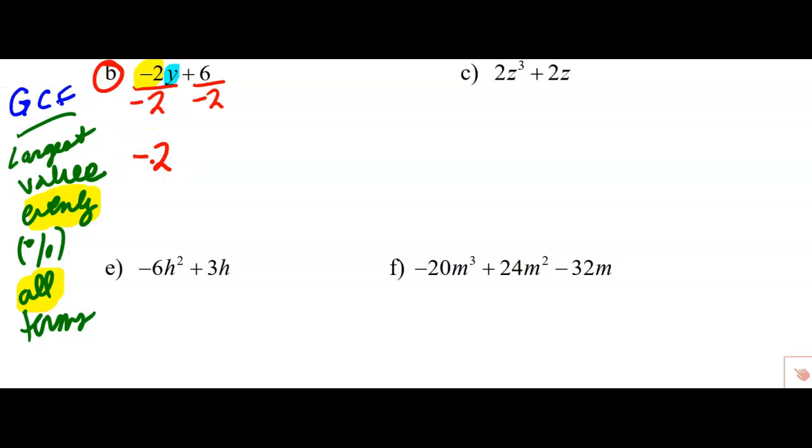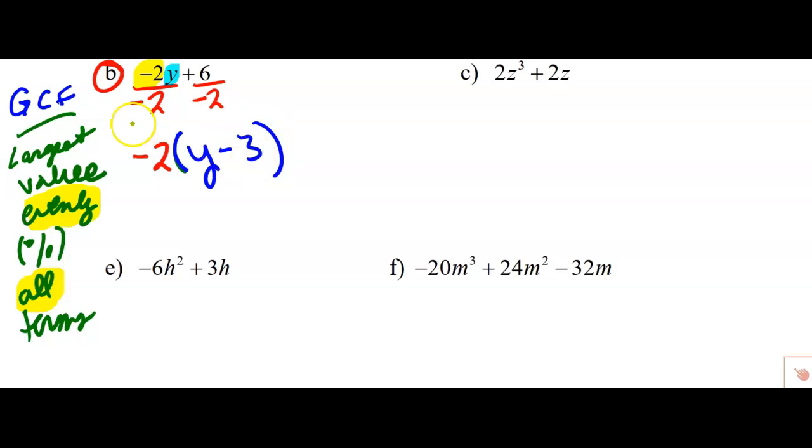Since I want to write this as a factored set, it's going to be negative 2 times what happens when I divide. Negative 2y divided by negative 2 gives me y, and 6 divided by negative 2 is my second term, which leaves me minus 3.